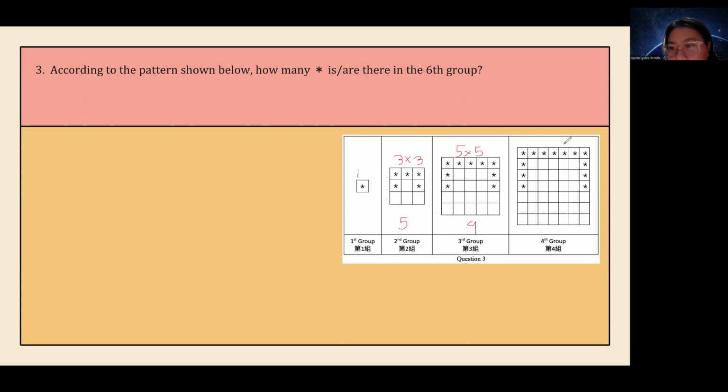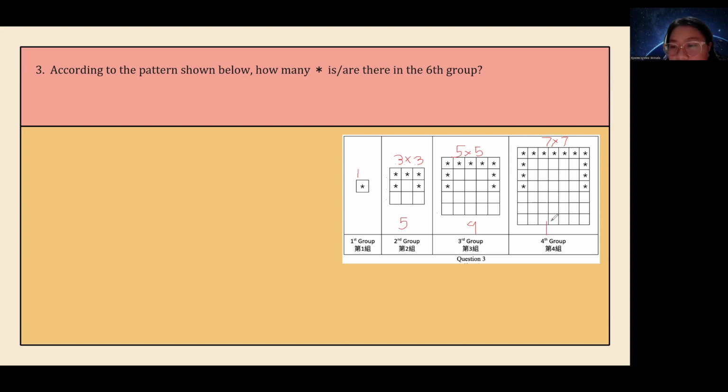A 7 by 7 box with, let's count the asterisks again. 1, 2, 3, 4, 5, 6, 7, 8, 9, 10, 11, 12, 13.